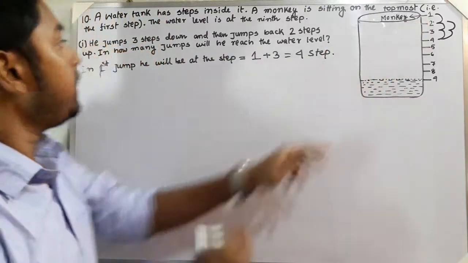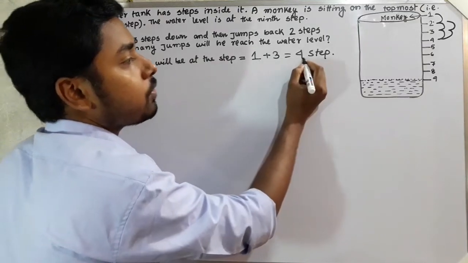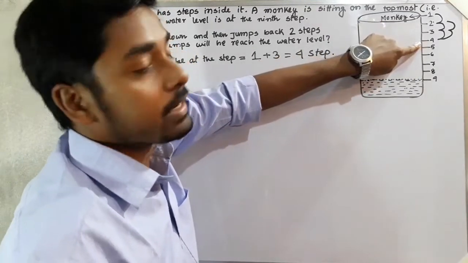He jumps 3 steps, so first step plus 3, that means the monkey will reach the 4th step at the first jump.